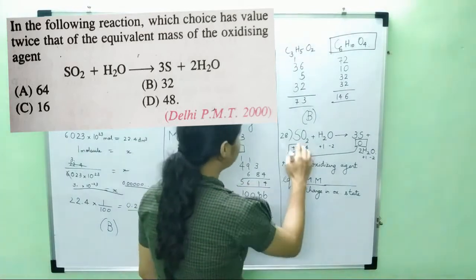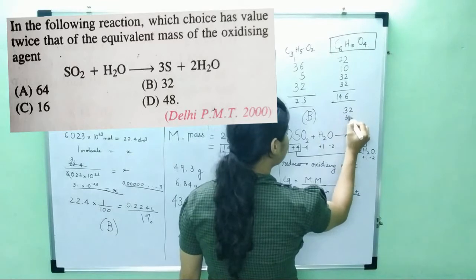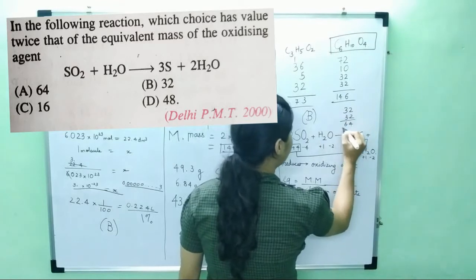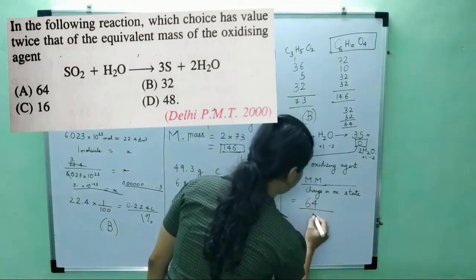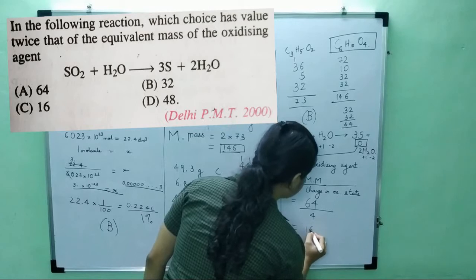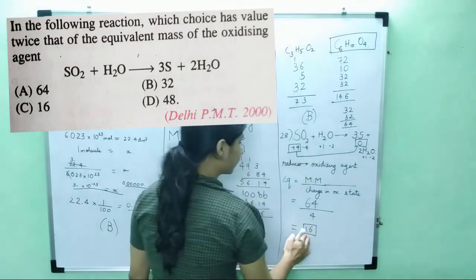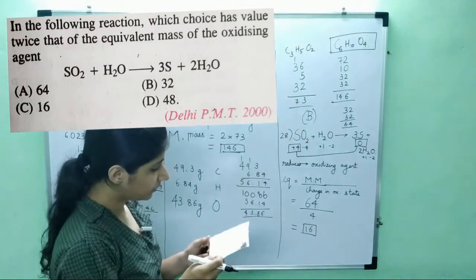Sulfur is 32 and 2 oxygens is also 32, so this is 64. So the molecular mass is 64 upon change 4, which comes out to be 16.